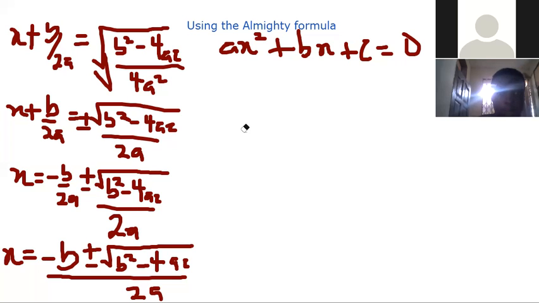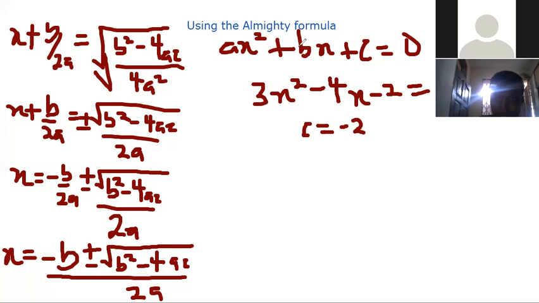So already you know this, already you've been solving it. If you have 3x squared minus 4x minus 2 is equal to 0, when you compare this to this, c will be equal to negative 2. You know that.